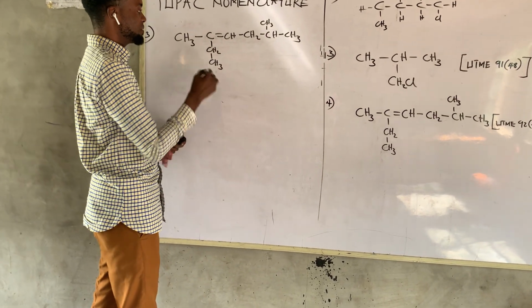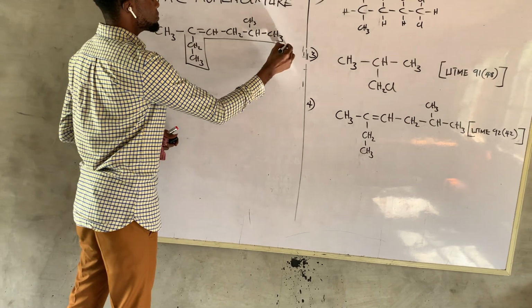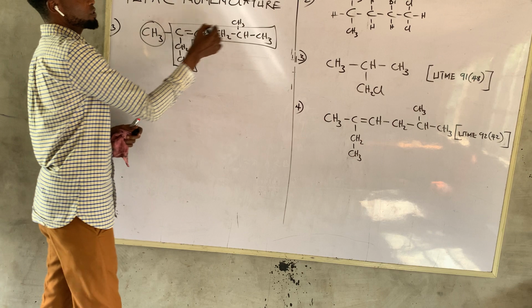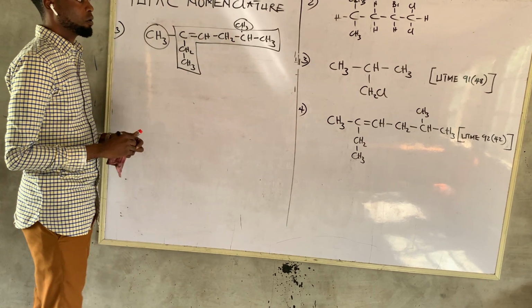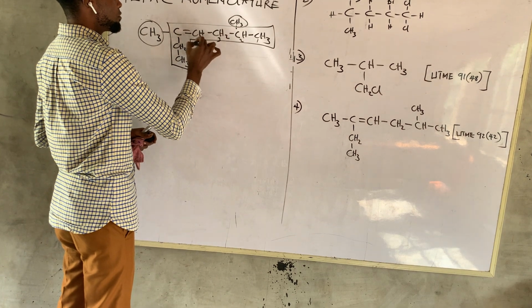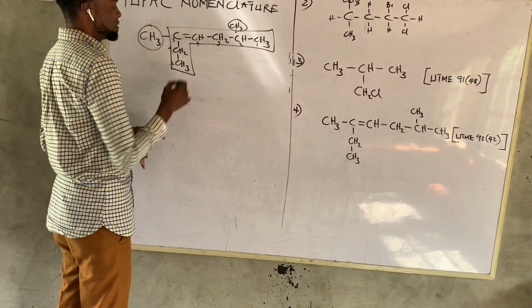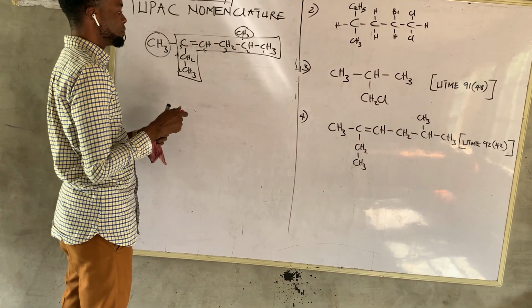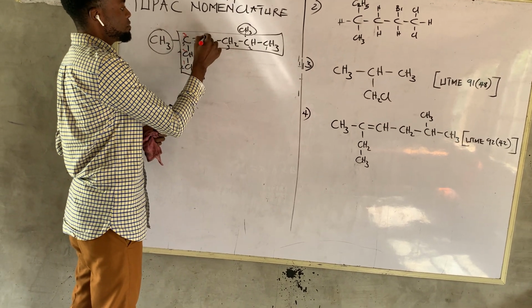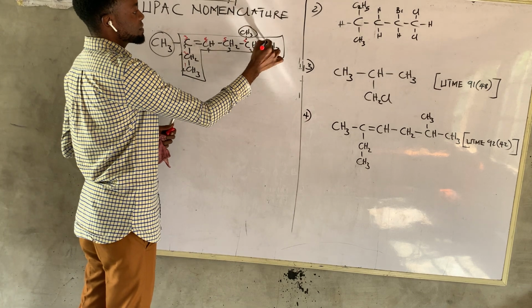So in this case, this is my longest chain. This is one of my branch chains, another branch chain. So I can start numbering from here 1, 2, 3, 4, 5, 6, 7, or I can start numbering from the other end of the street, 1, 2, 3, 4, 5, 6, 7.